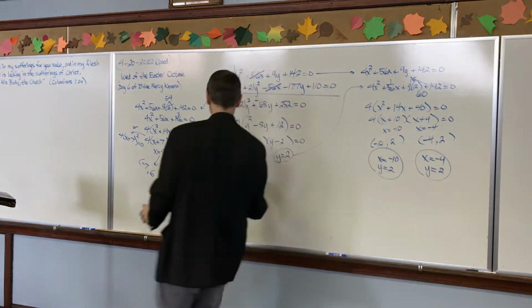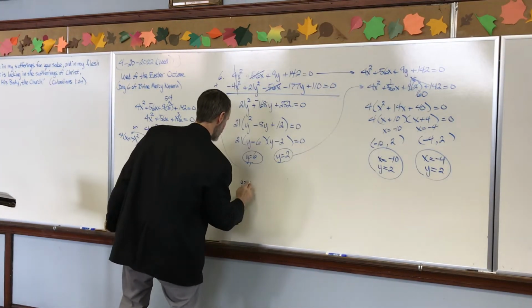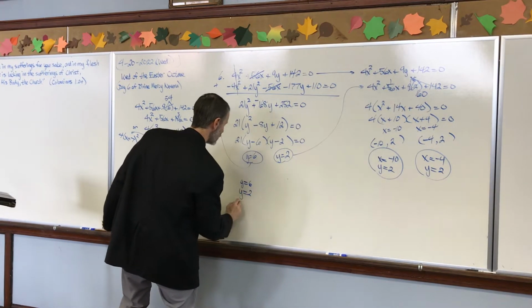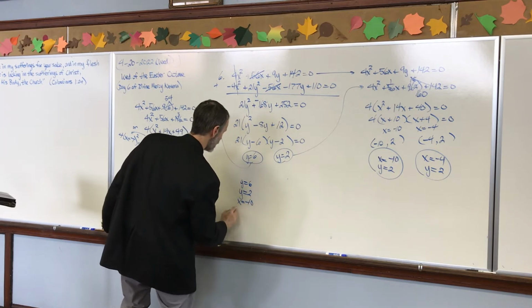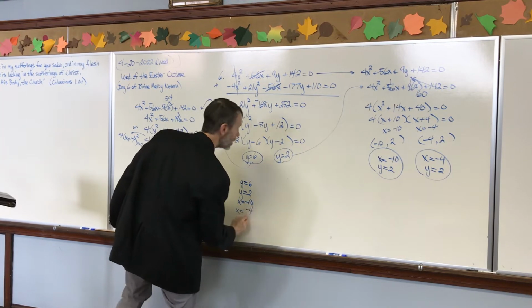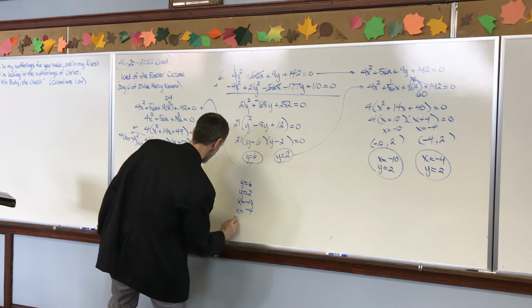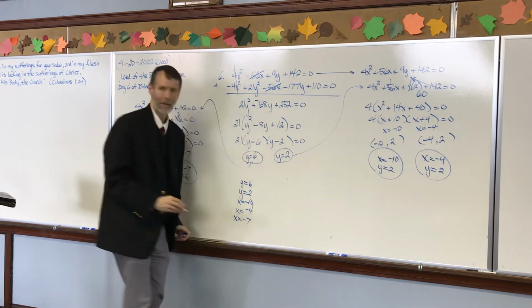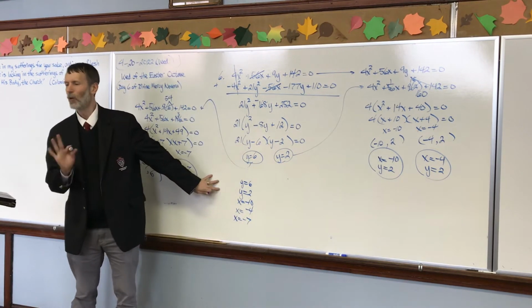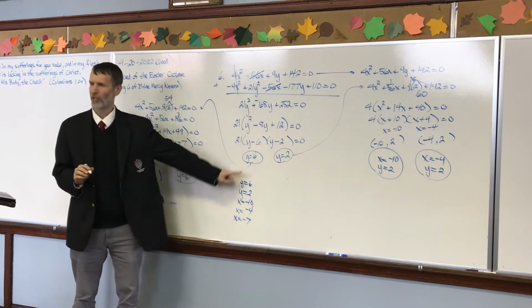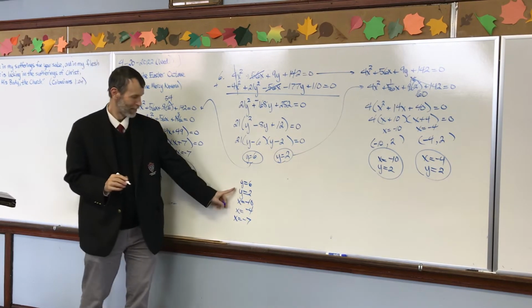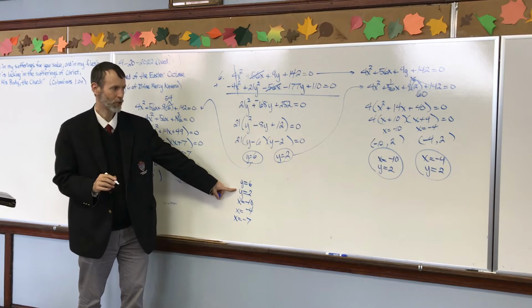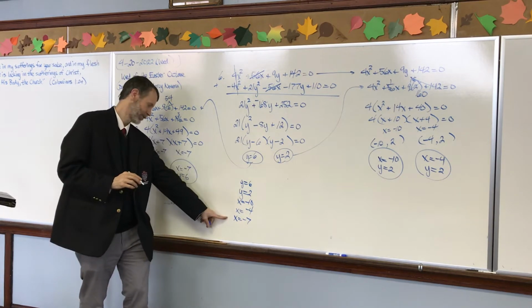But if all you wrote was y equals 6, y equals 2, x equals -10, x equals -4, and x equals -7, I would take off at least half. Why? Because I don't know which one goes with which. This y equals 2 does not go with the x equals -7.